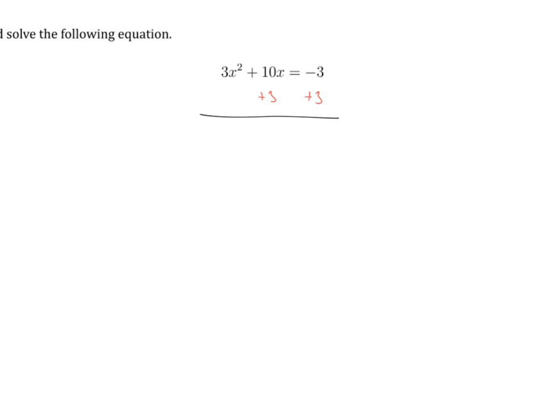So we get 3x squared plus 10x plus 3 is equal to 0. Now, just like I said earlier, I'm going to take this a term, which is 3, and multiply it to my c value. So what we get after doing that is x squared plus 10x plus 9 is all equal to 0.